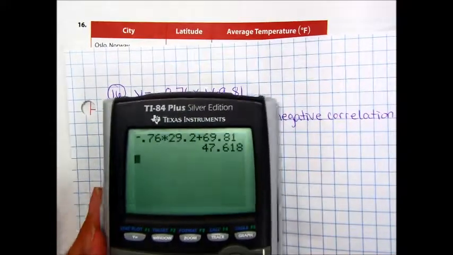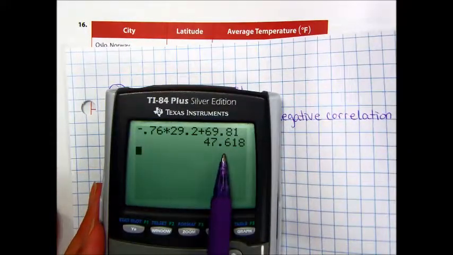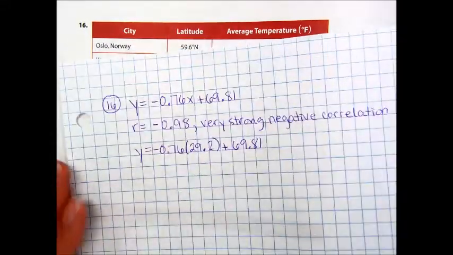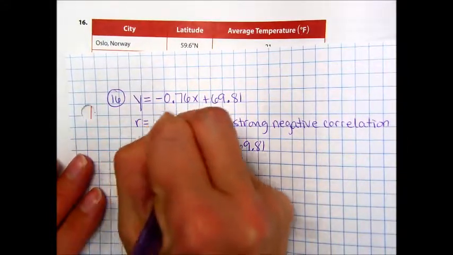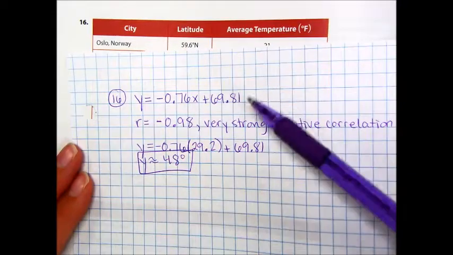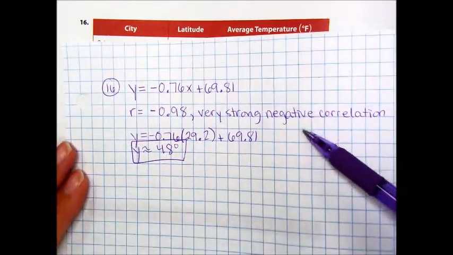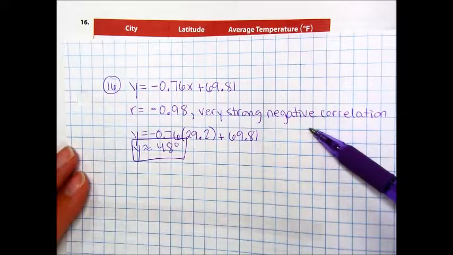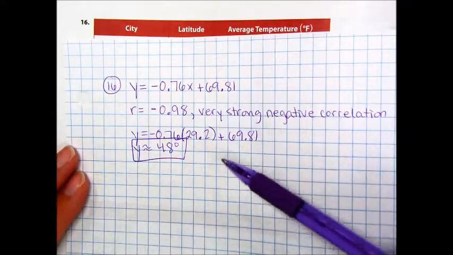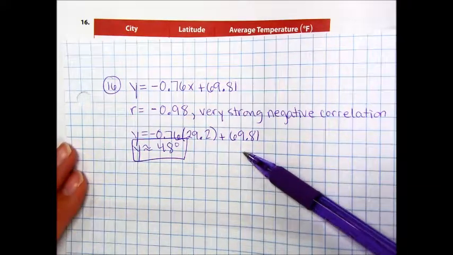So if you were going to round it to the nearest whole number, that should round to about 48 degrees. So you have your linear regression, you have your interpretation of what the correlation coefficient means, and then you have solved for the missing piece.